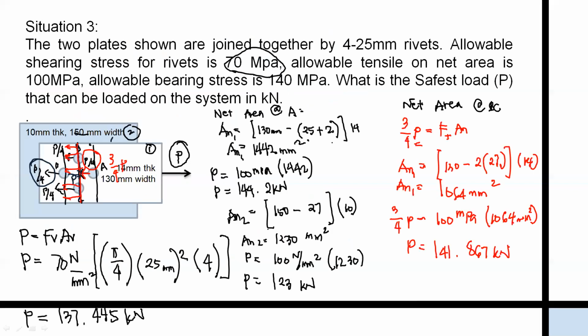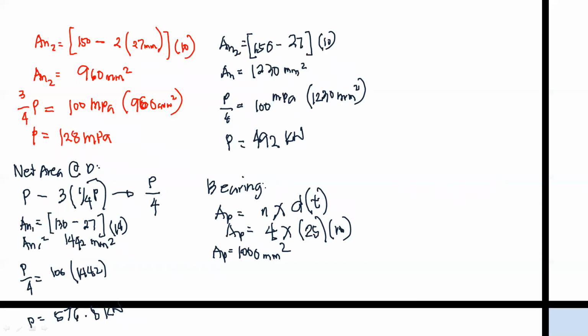And the allowable bearing stress is 140 megapascals. So the force is allowable bearing stress multiplied to the area of bearing. So 140 megapascals multiplied to 1,000 square millimeter, it would give us a P of 140 kilonewton.